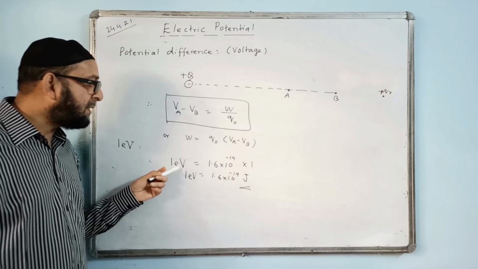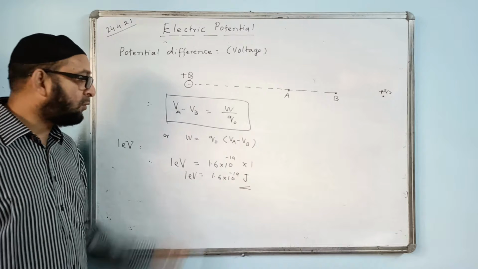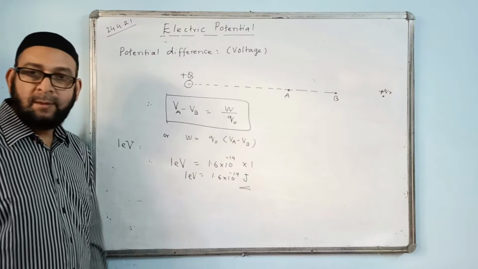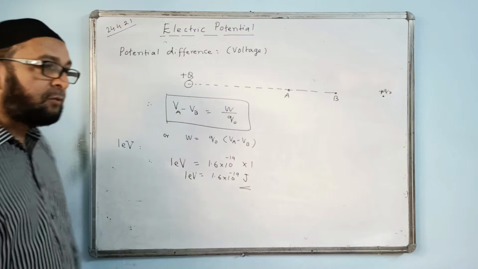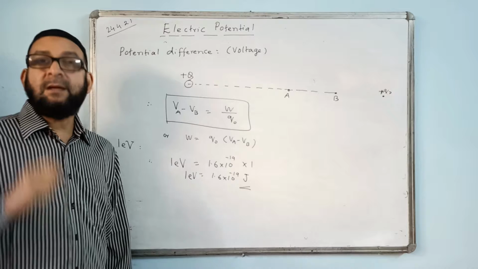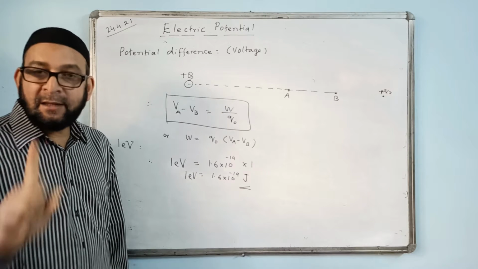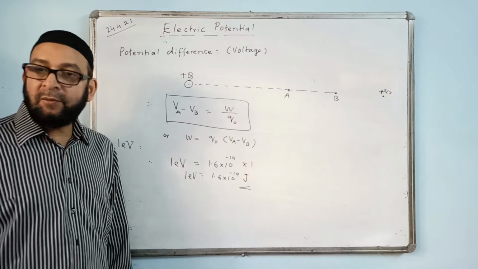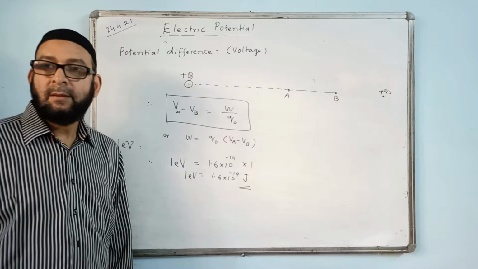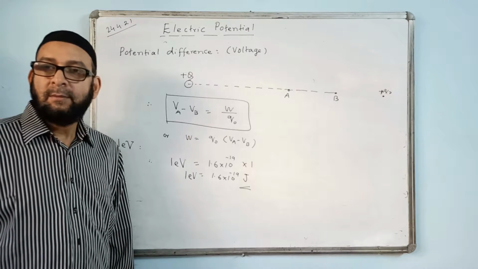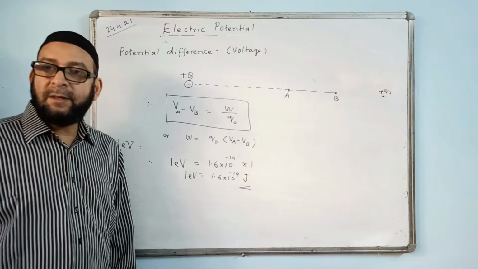So we say 1 EV is the energy gained by an electron through a PD of 1 volt. Similarly, if you have to define 2 EV, we say it is the amount of energy gained by an electron through a PD of 2 volts.